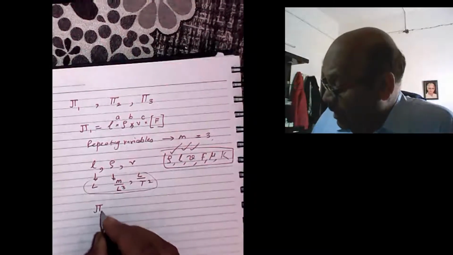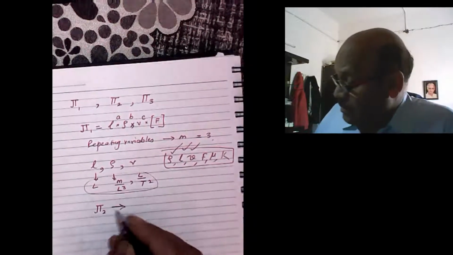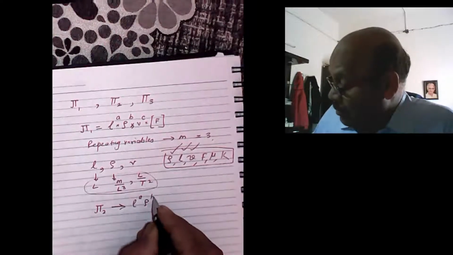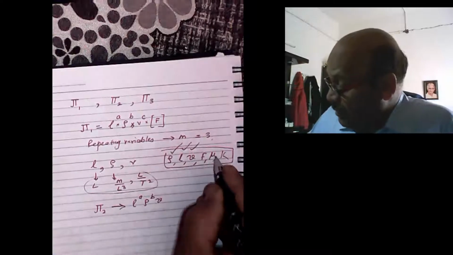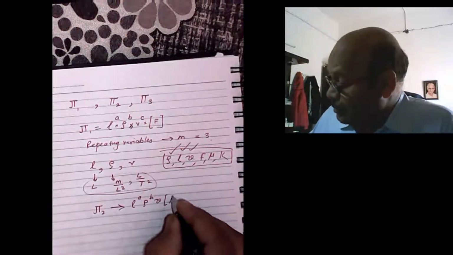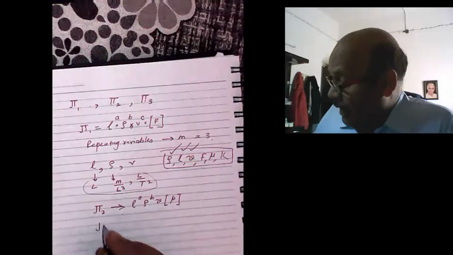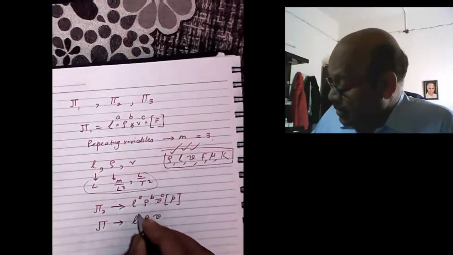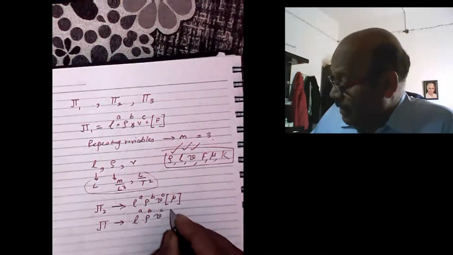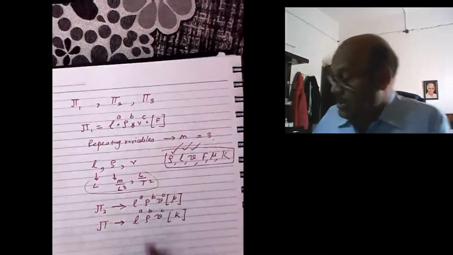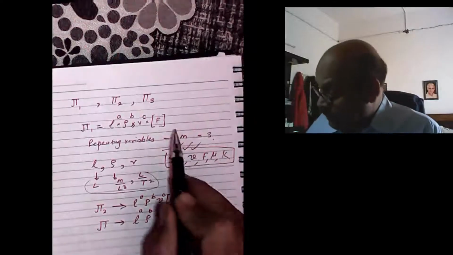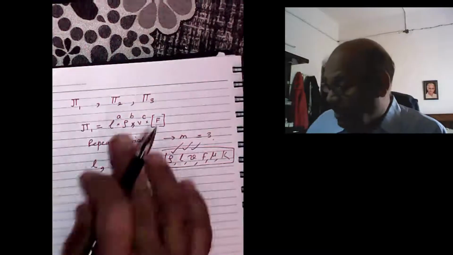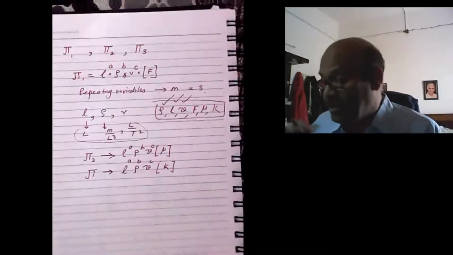Similarly, pi 2 will be L raised to unknown power, rho, V, and then you have to take mu here, and pi 3 would be L, rho, V raised to some unknown power, and then K. Remember that F, mu and K are not raised to any power, but only the repeating variables are raised to some power.